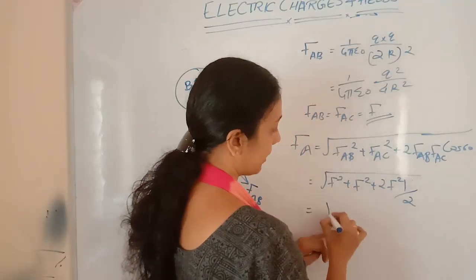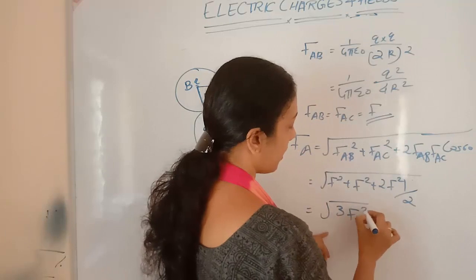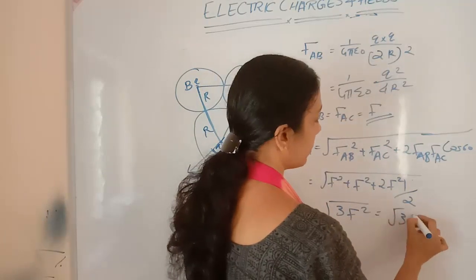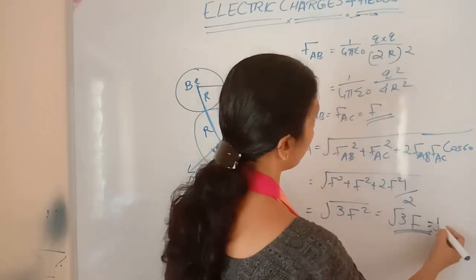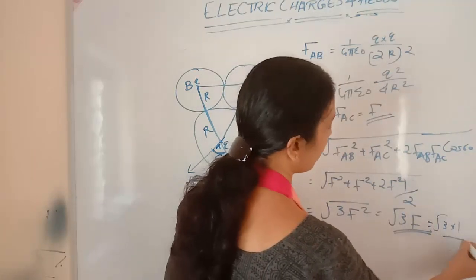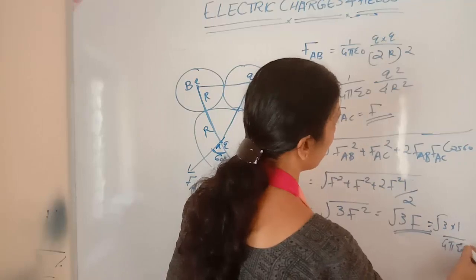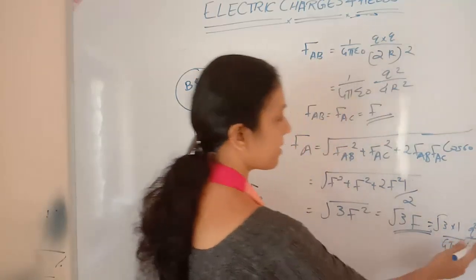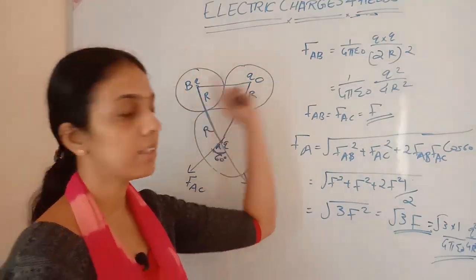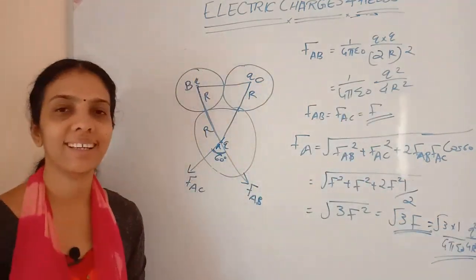So we get root 3 F square. So the answer is root 3 F. Otherwise we can write root 3 into 1 by 4 pi epsilon 0 Q square divided by 4R square. F is not given in the question, right? So we can represent it this way. Clear?